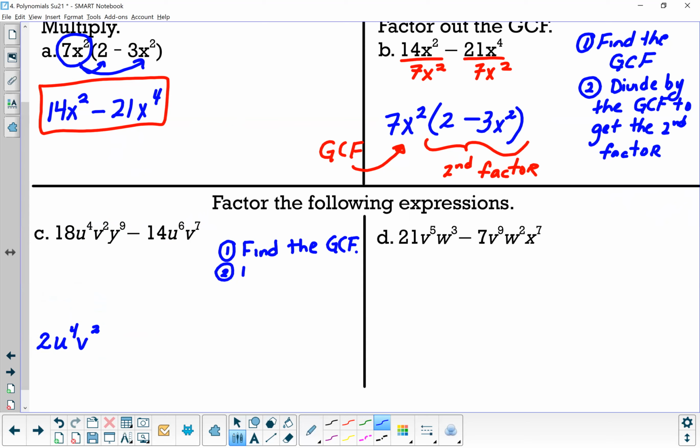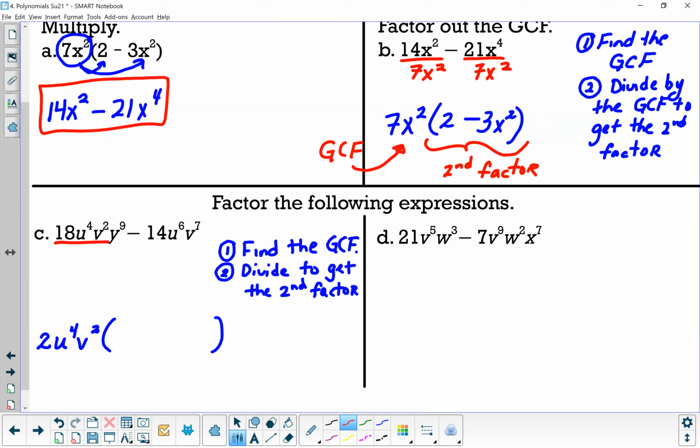Second, we're going to divide to get the second factor. All right, so I know I'm going to multiply by something here once I get my second factor.